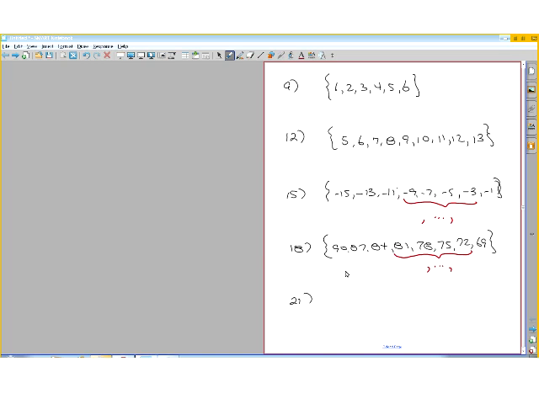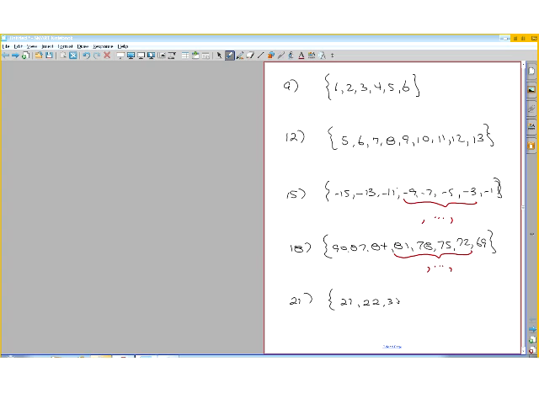Okay, denote each set by the listing method. There may be more than one correct answer. So what you're given here is a verbal description, and you're asked to write a list like this. It says the set of all counting numbers greater than 20. So greater than 20 means we start with 21.